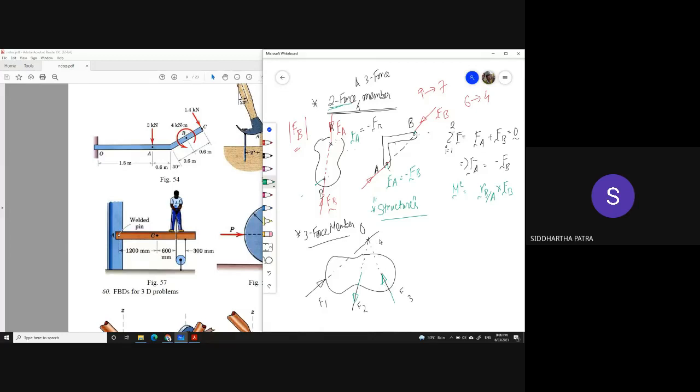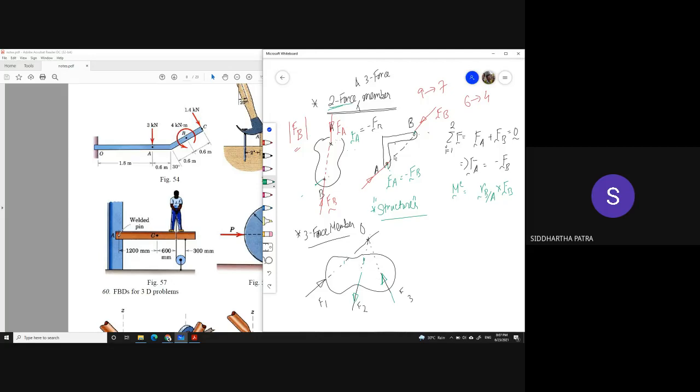So the third force passes through the point of intersection of the other two. If it were not passing through that point, it would be producing an unbalanced moment about this point, and the other two would not, because of which the object could not be in equilibrium.